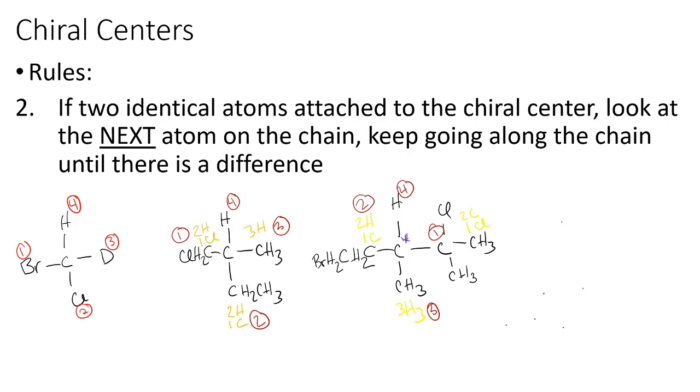So you'll notice that even though there was a bromine in this structure, it does not play a role in any of my priorities because I did not need to walk far enough along the chain to get to the bromine atom to cause it to be a difference. So this is where you have to walk out one atom along the chain at a time until you find a difference. As soon as there's a difference, we label our priorities.